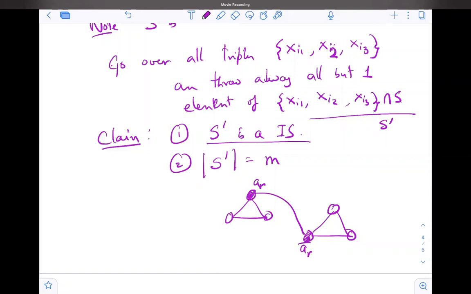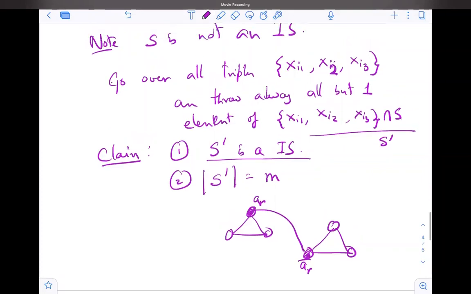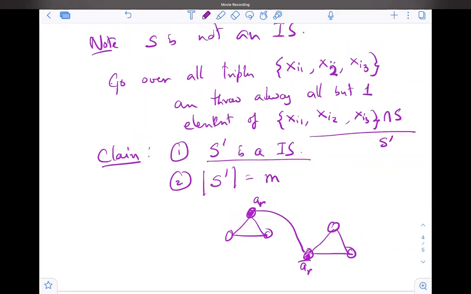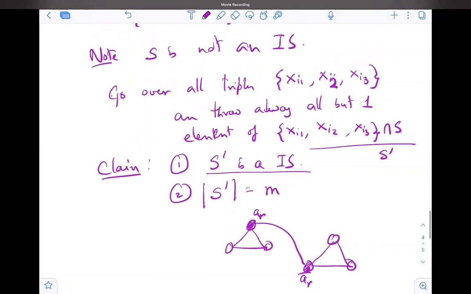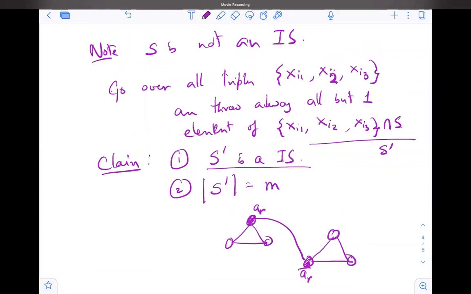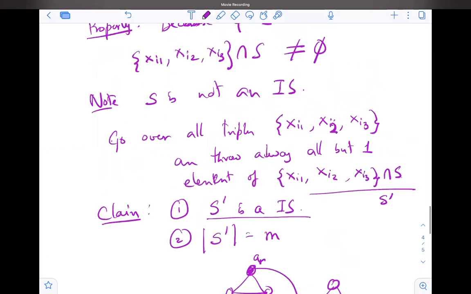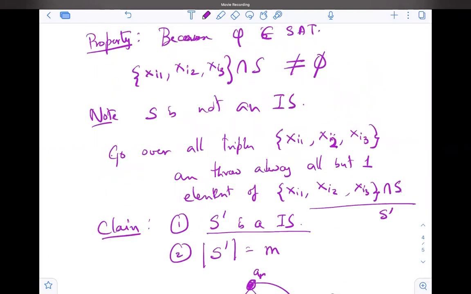That is not possible, right? There was no edge between them. Okay, so good, that will show that if you have a satisfying assignment, you can reduce it from SAT.